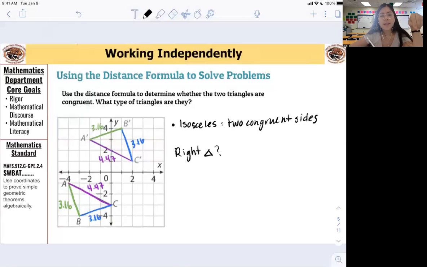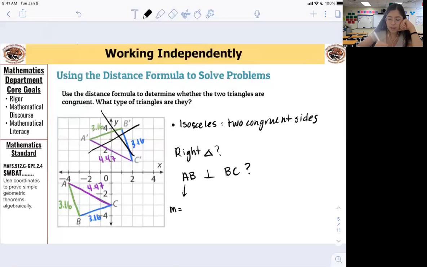Which two sides can I check to figure out if it's perpendicular? AB and BC. Good. We're trying to see if these are perpendicular, so let's find out. For AB, AB is the green one. Not AB prime, so I'm not looking at the top one, I'm looking at the bottom one. What do you get for the slope of AB?